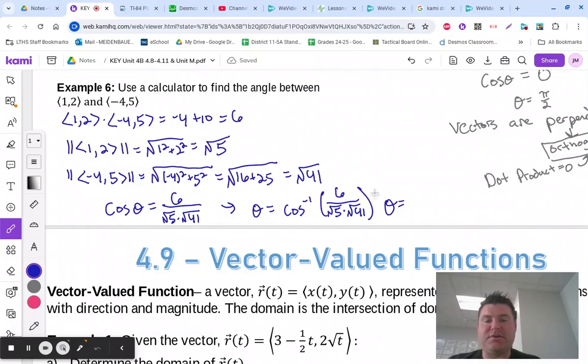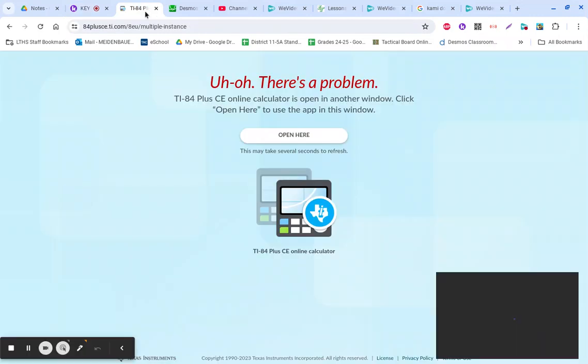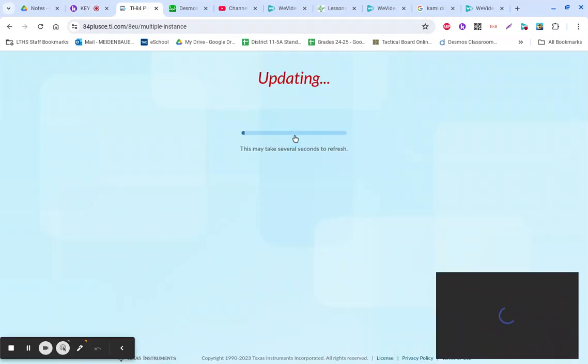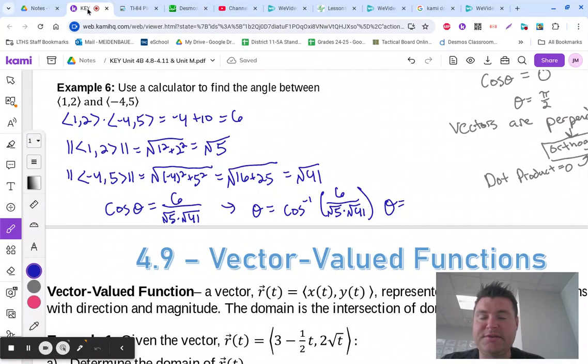And if you notice, just kind of putting things together here, inverse cosine is in quadrants 1 and 2, which means that these vectors are anywhere between here and then all the way open through the second quadrant. So let's go ahead and go to our calculator. It's taking a little bit to refresh here. But again, if this doesn't work, I'm just going to do it myself.